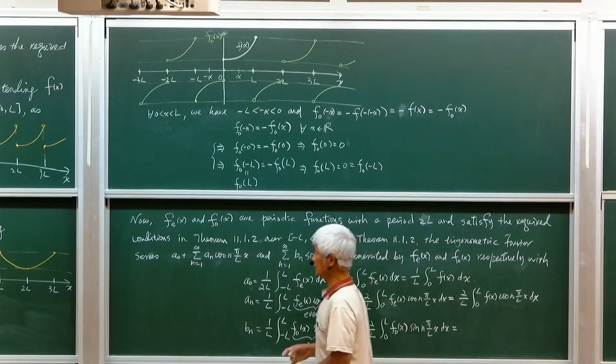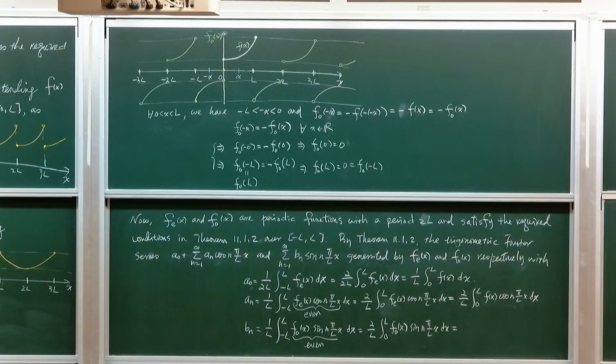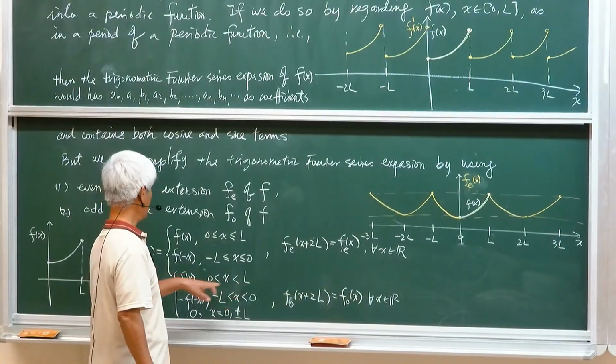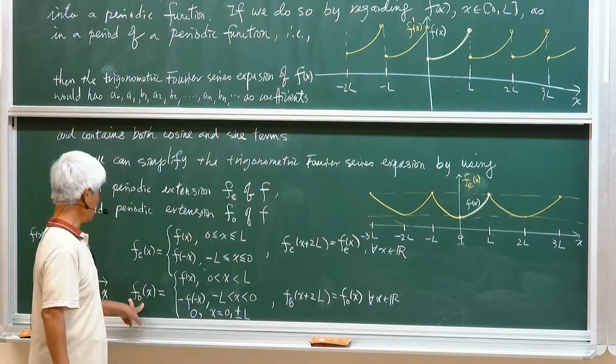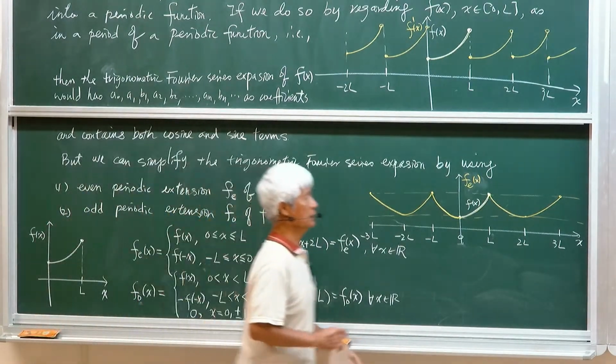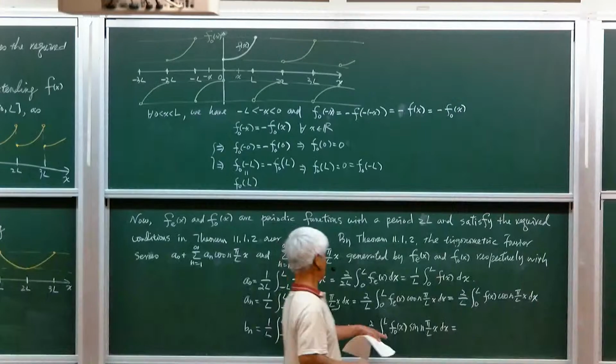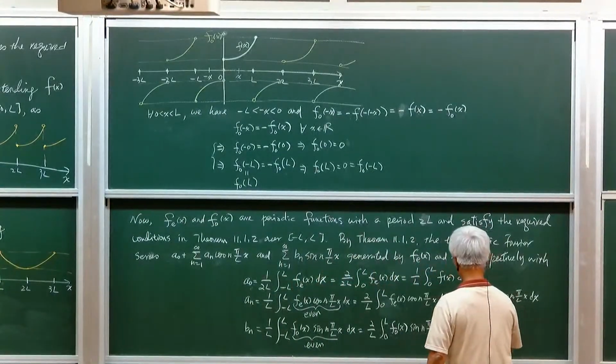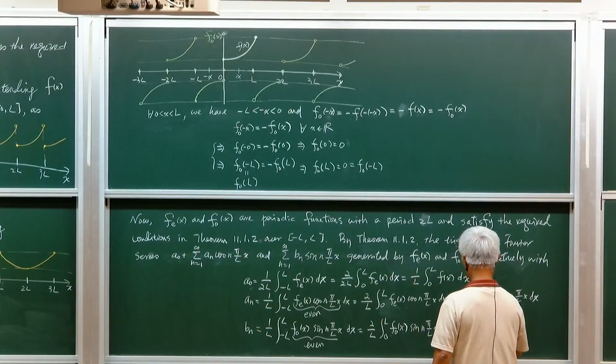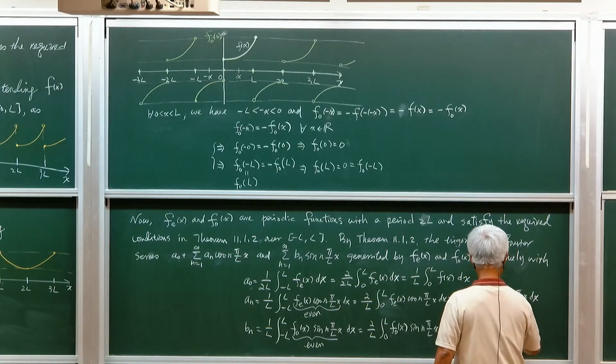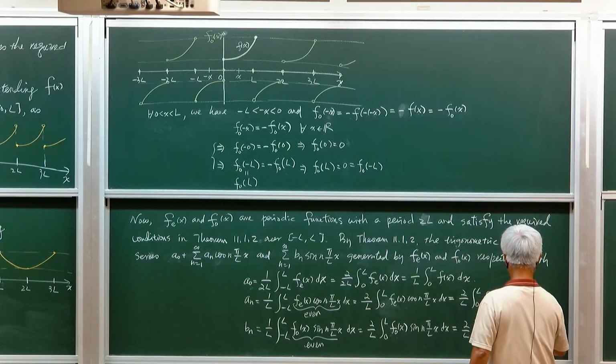In this interval, when x is from 0 to L, f_o(x) is equal to f(x), so we can replace it: (2/L) ∫ from 0 to L of f(x) sin(nπx/L) dx.